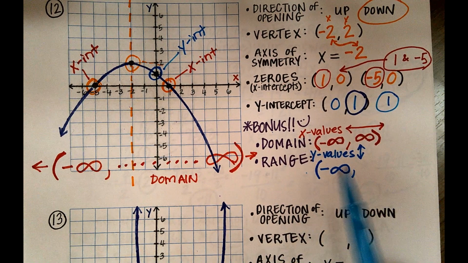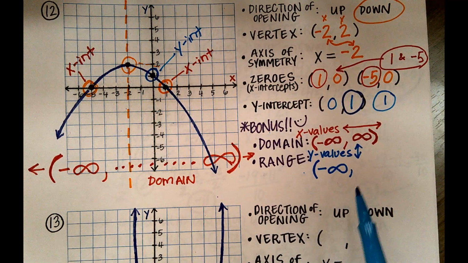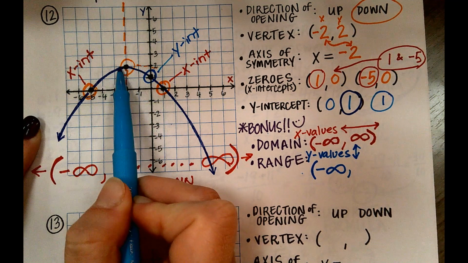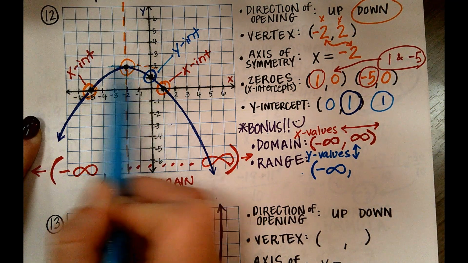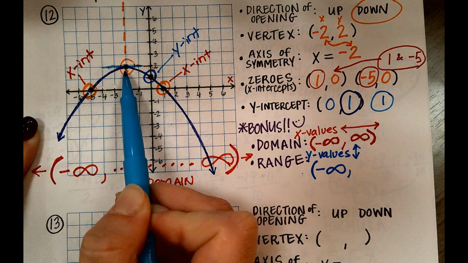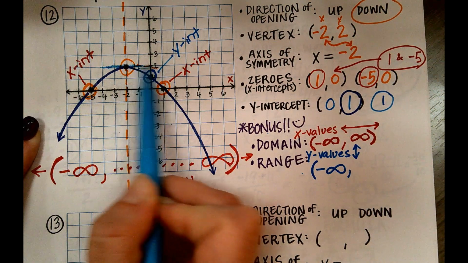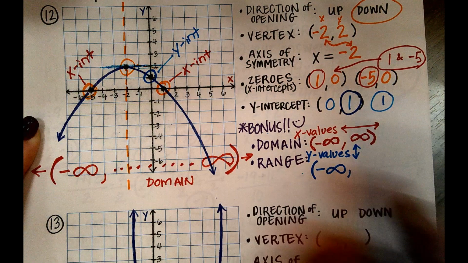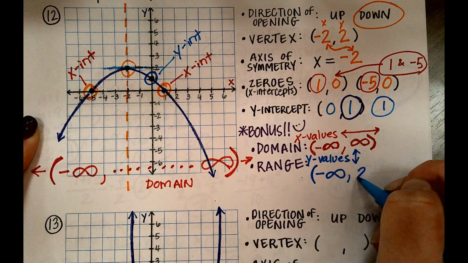comma, and then we're going to go to the highest y value, so it'll be 2, which will be right here. You're correct, it is 2. It's going to be wherever your vertex is, where it lines up on the y-axis. 2.